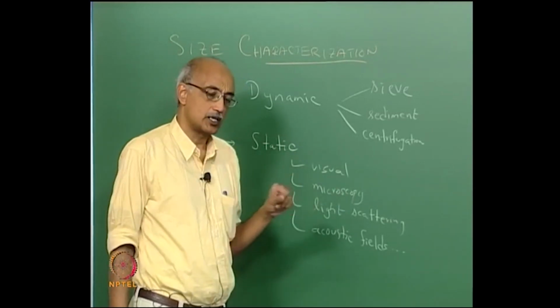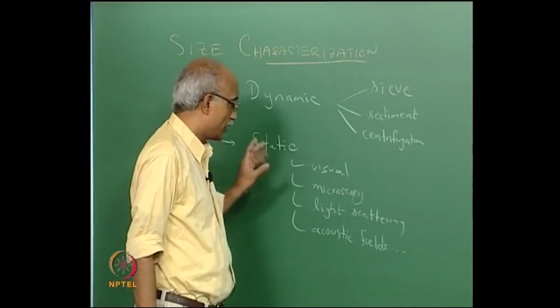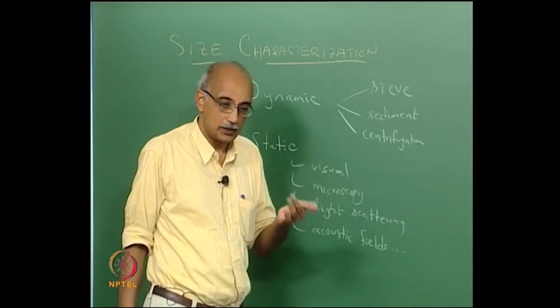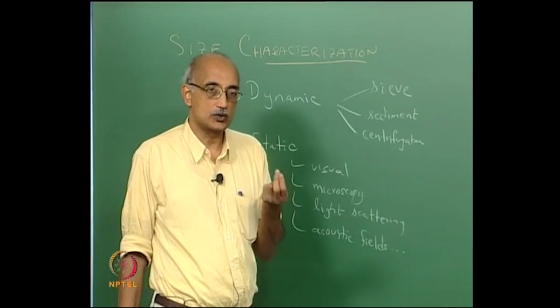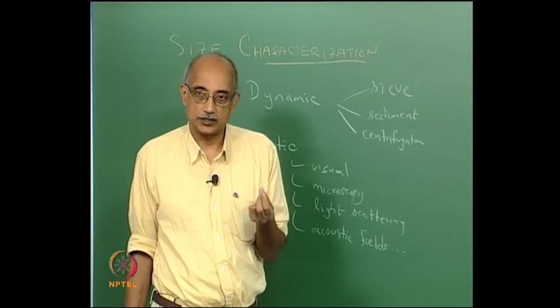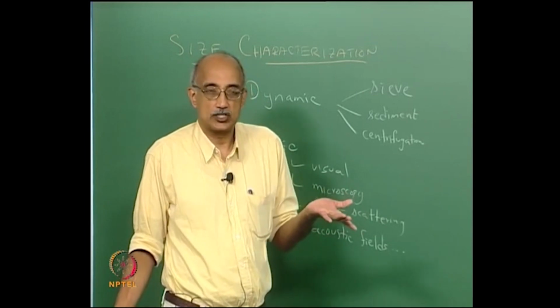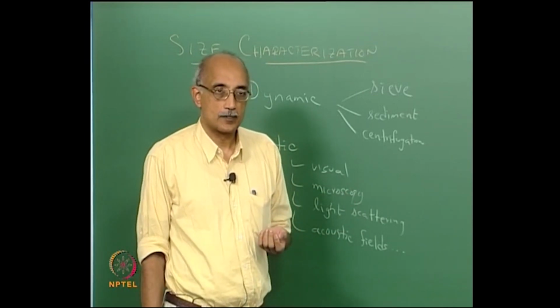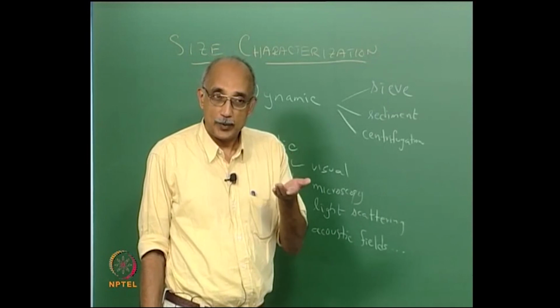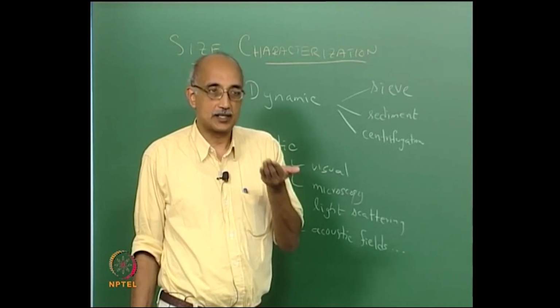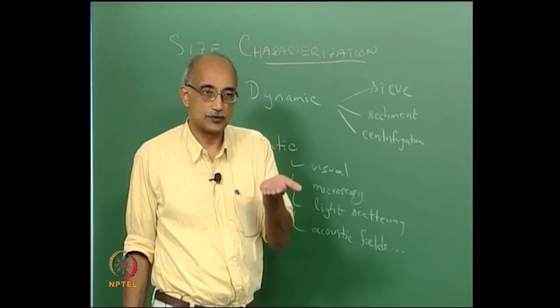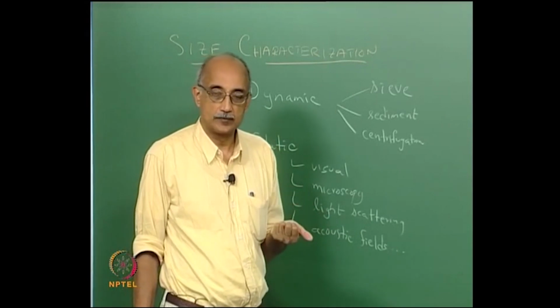But the point I want to come back to here is, what is the requirement, what is the fundamental first step if you want to do a static analysis of particle size? What do you have to do first before you can even start your analysis? You have to immobilize the particle. You have to first collect it on some surface on which you can analyze it, right?